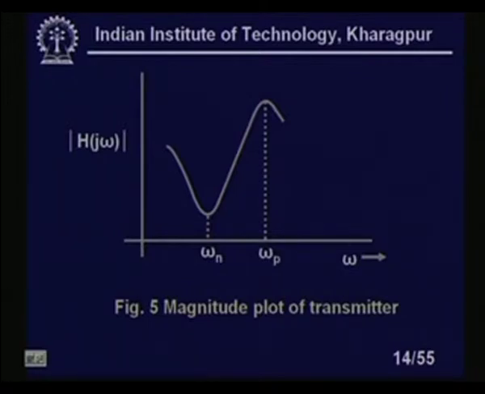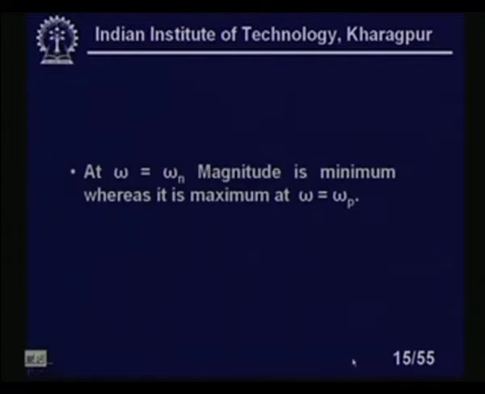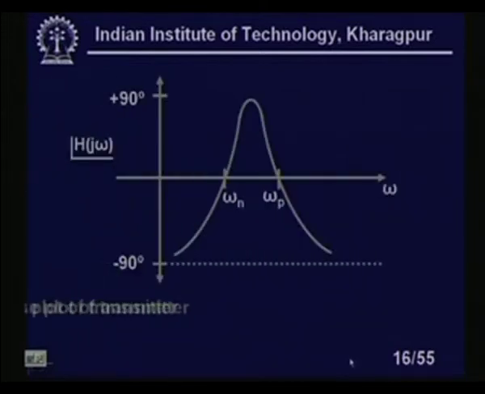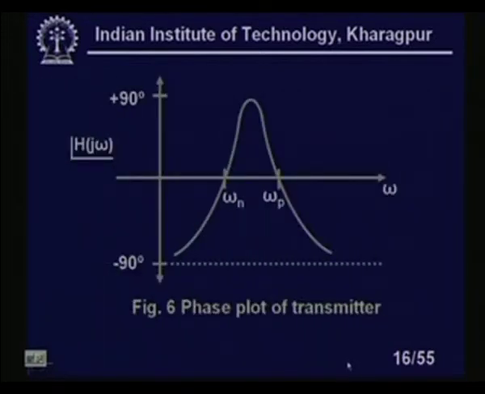There is some significance of this plot which will be discussed later on. At omega equal to omega n, the natural frequency, the magnitude is minimum, whereas it is maximum at omega equal to omega p. Assuming R1 equal to 0, you see this is the phase plot of the transmitter.